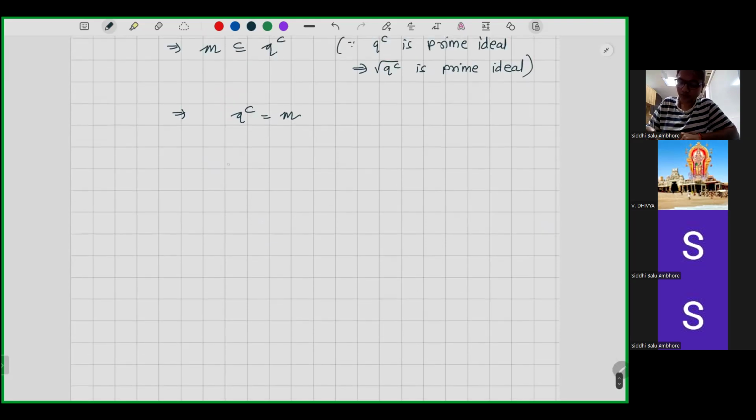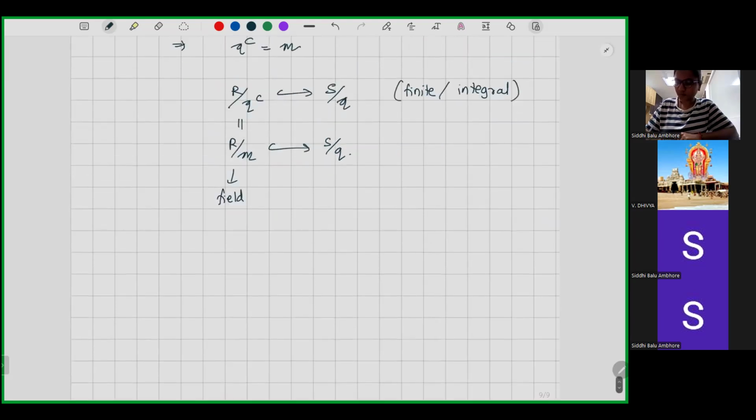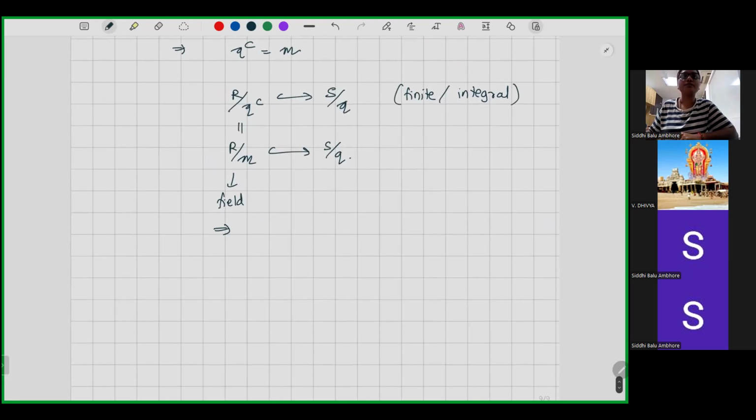So we have that R mod Q contraction contained in S mod Q is finite or integral. But S mod Q is a field, so this implies that Q is a maximal ideal.